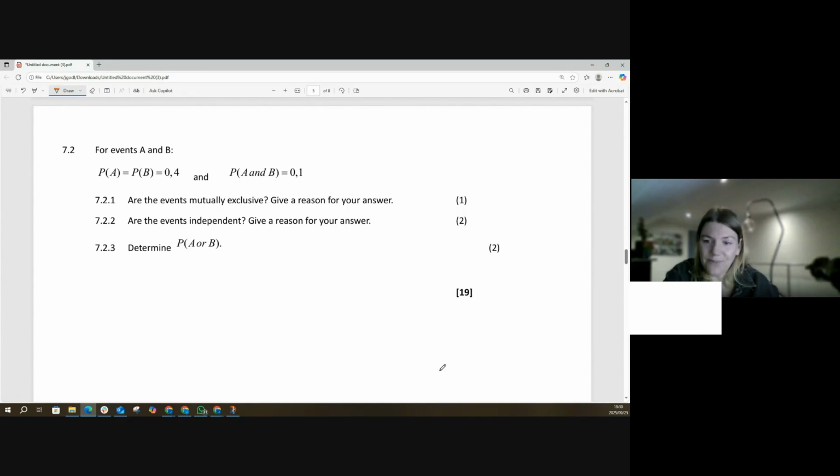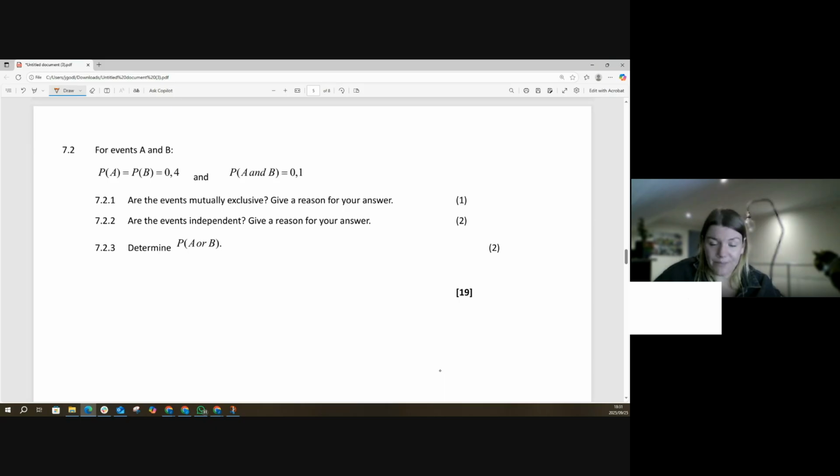All right. First one we can kind of talk through here. For events A and B, we've got the probability of A is equal to the probability of B, which is 0,4. And the probability of A and B is 0,1. Are the events mutually exclusive? Give a reason for your answer. Yes or no? Who can tell me?